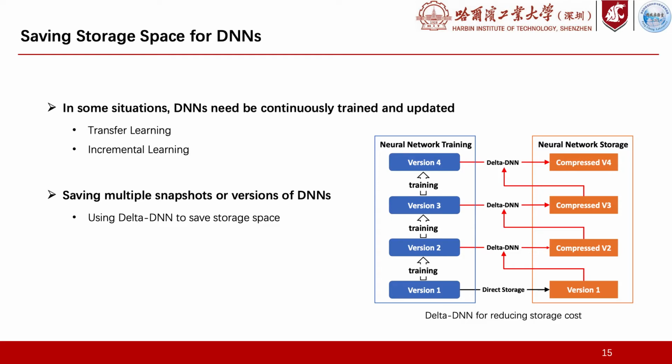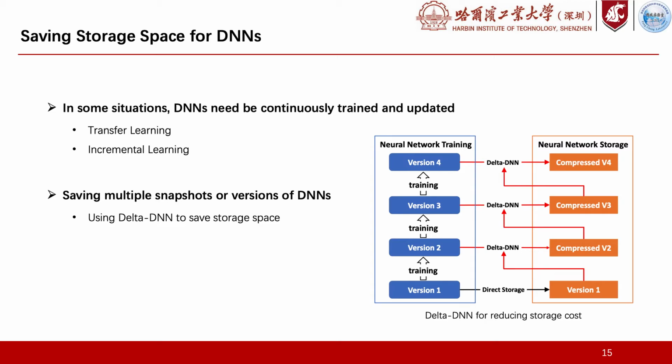Here is the second scenario, using Delta-DNN to save storage space for DNNs. In many applications, neural networks need to be trained with dynamically growing datasets, like transfer learning and incremental learning. In these situations, multiple snapshots or versions of DNNs need to be saved in the training process.